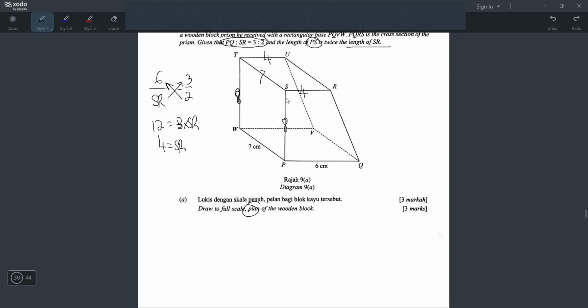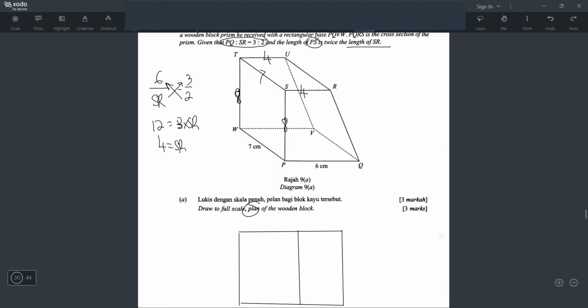It means what you will nampak is a shape that looks like this. You have a line like this, like this, like this, like this, right? But there is one line that is separating it like this. Do you understand? Because of this plane, right?